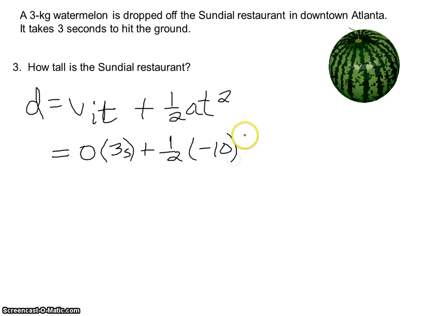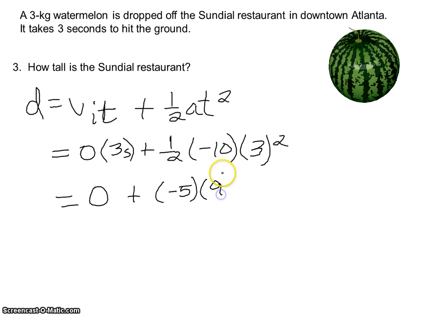Gravity is negative 10, and now the time is 3 seconds, and we only square the time. Do a little simplification. And so now we see negative 45.